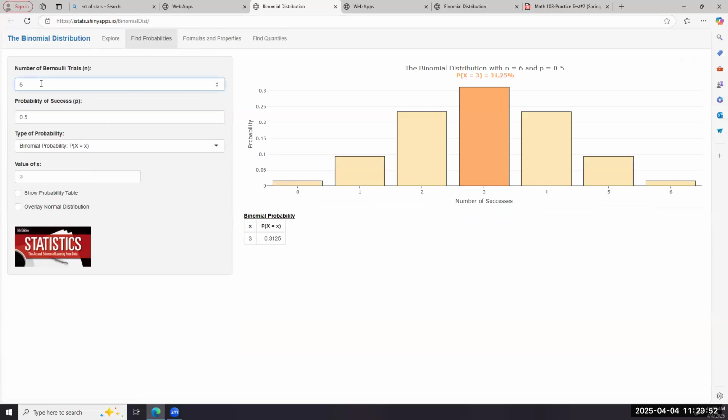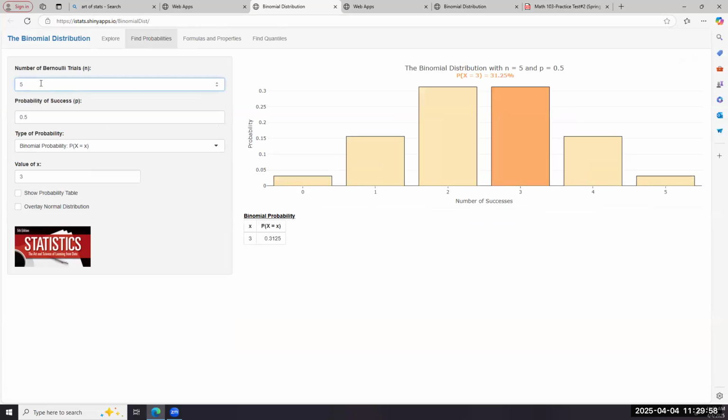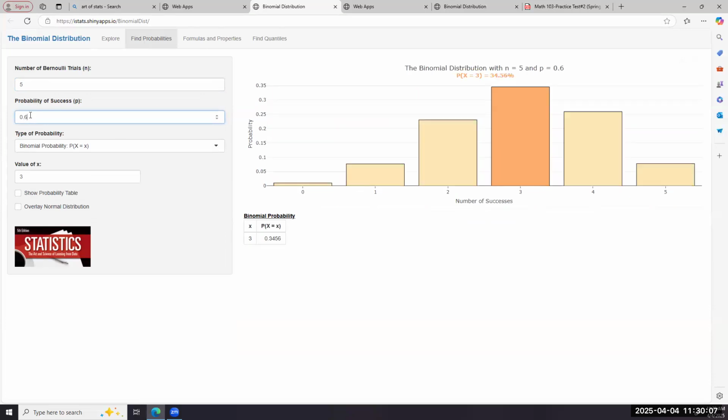You put the sample size here in the first part. The sample size was 5. Then the probability of success, 60% or 0.6.